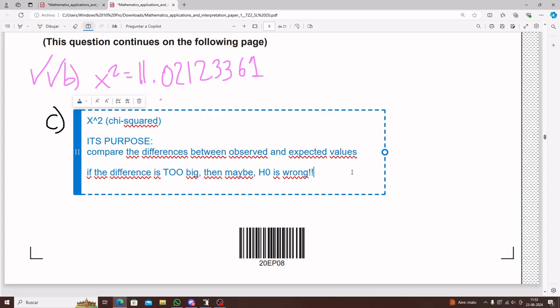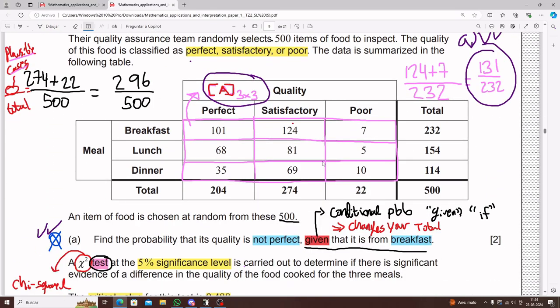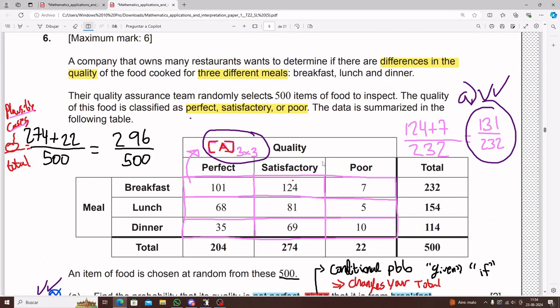And so just to hone in on that a little bit more, right? This company picked 500 different meals at random between breakfast, lunch, and dinner. They evaluated if it was perfect, satisfactory, or poor, and these are the numbers that came out. Now, just like throwing a dice, you can throw a dice and get a 6 10 times in a row, see?